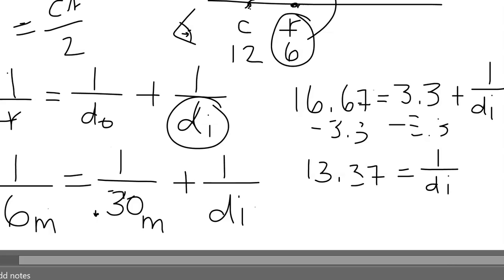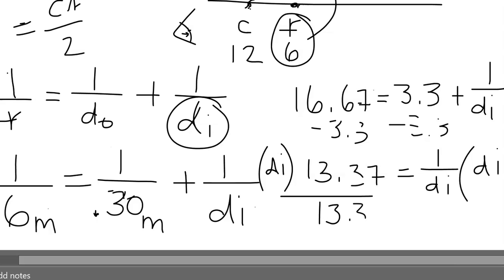And we want DI, so what you're going to do is multiply both sides by DI, and then divide both sides by 13.37. Okay, so what you should get is, let me erase some of this and then I'll write that down.